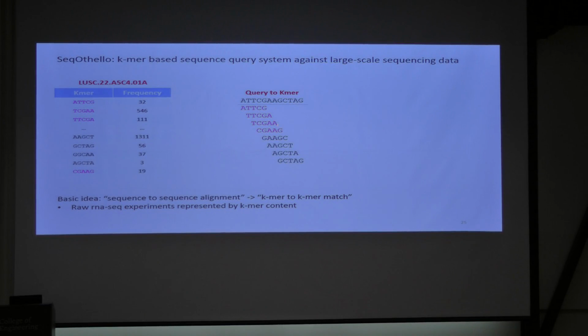Then we can perform a match between all those k-mers against this k-mer list. If we find all those k-mers in this data set, then we can be pretty sure about the presence of this gene fusion in this data set. But if we cannot find any k-mer in this data set, it means very likely this gene fusion is absent in this data set. That's for only one data set.